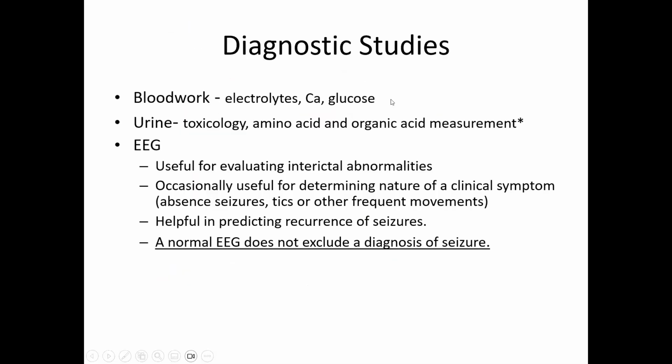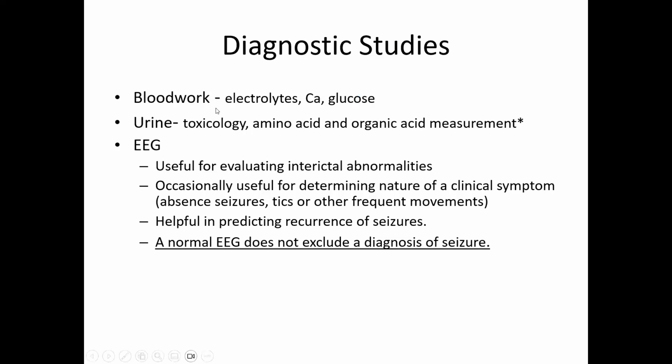Okay, so diagnostic studies or investigations. If someone asks you how do you diagnose an epilepsy or how do you diagnose a seizure, don't jump into investigations. Say that it is a clinical diagnosis based on a good history or a good eyewitness account from a bystander. So say that first, and then say there are certain investigations which can help you come to a diagnosis.